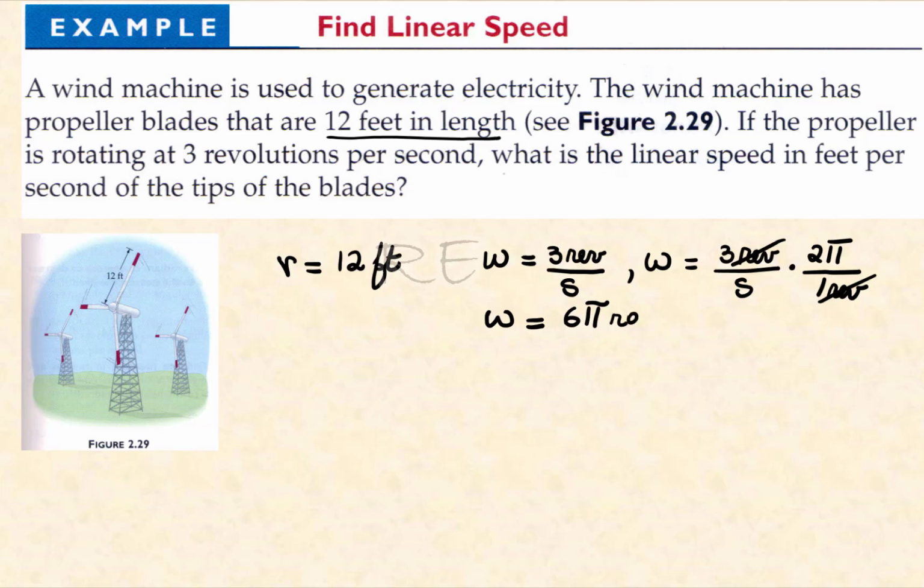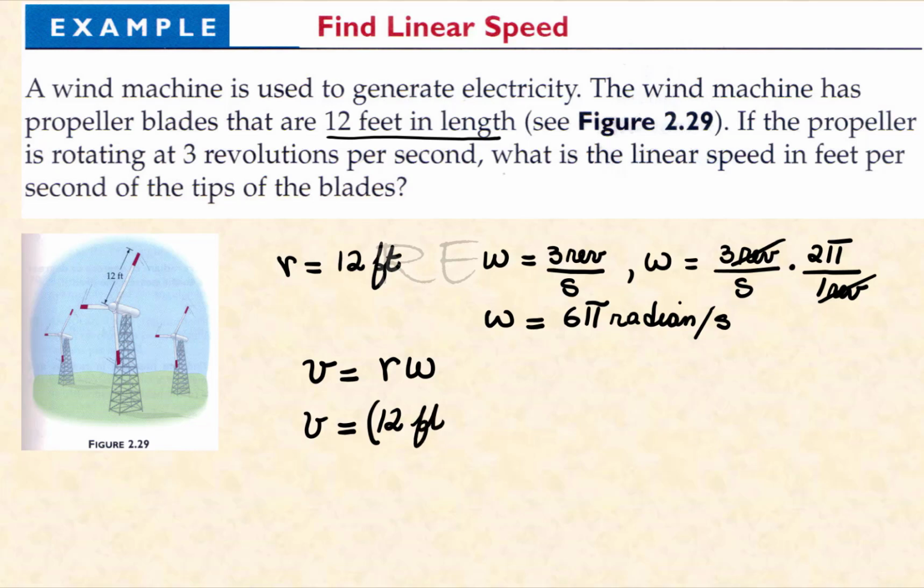Let's write a formula for linear speed. V is equal to R multiplied by omega.